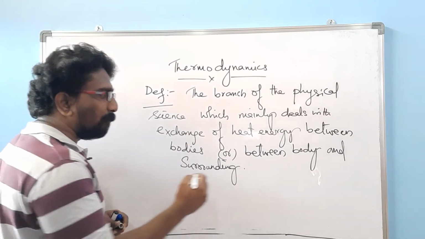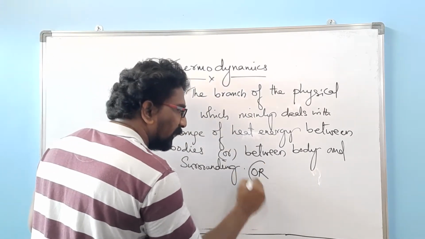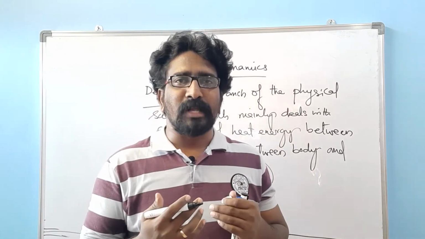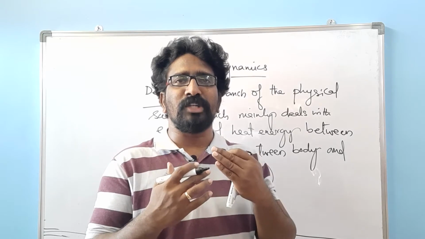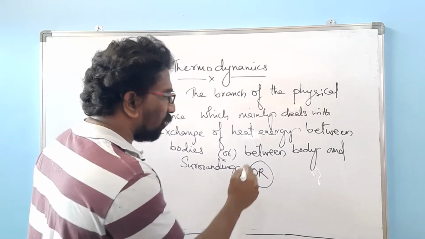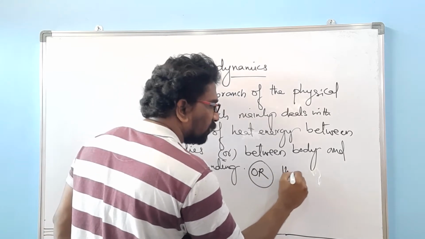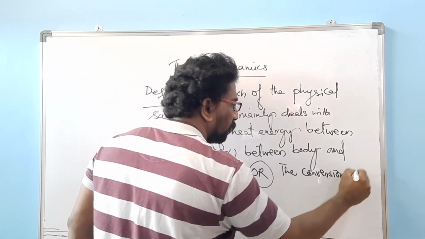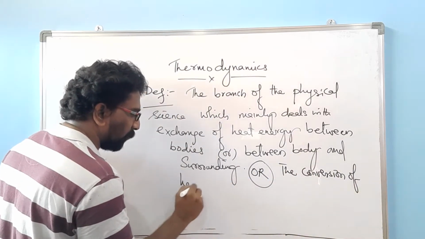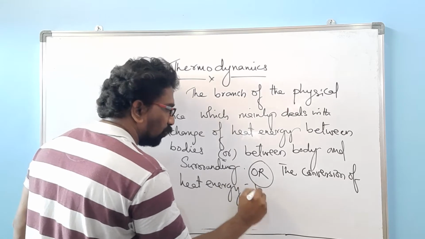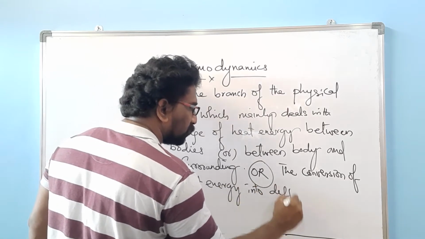Apart from this, in thermodynamics the conversion of energies takes place. It means the conversion of heat energy will take place into different forms of energy. It is about the study of the conversion of heat energy into different forms of energy.